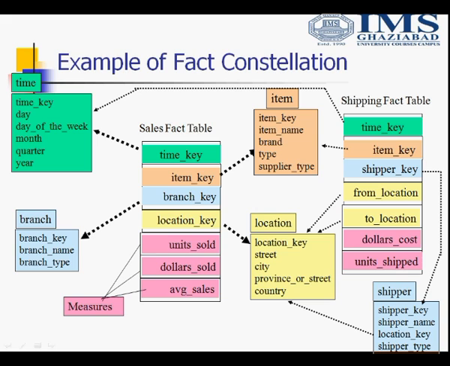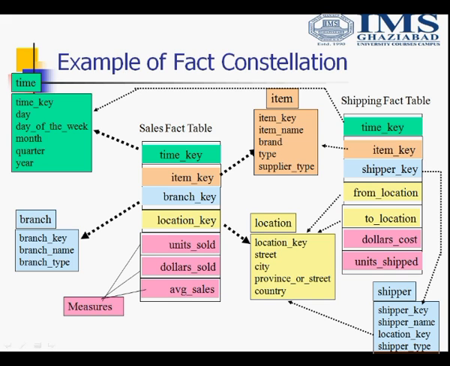You can see that time and item are both shared by the two different fact tables, sales and shipping, and some different dimension tables are attached along with the corresponding fact table. So we can say that this type of structure contains two fact tables and more than one dimension table. So this is the example of fact constellation where multiple fact tables can share different dimension tables.